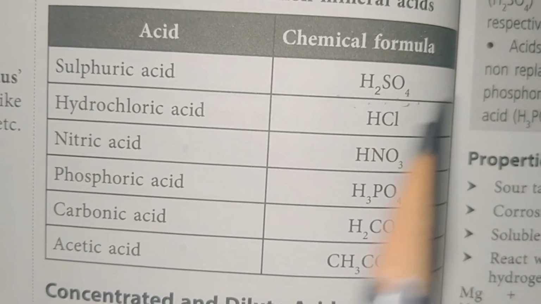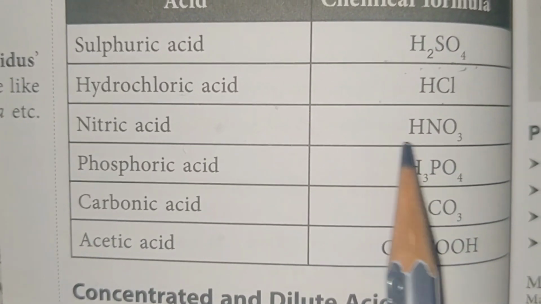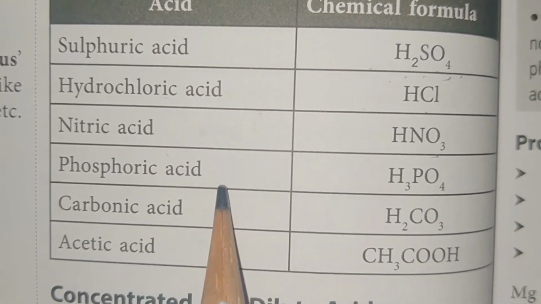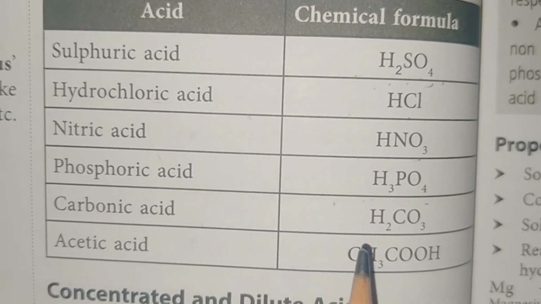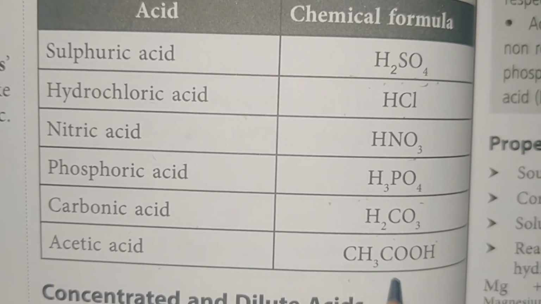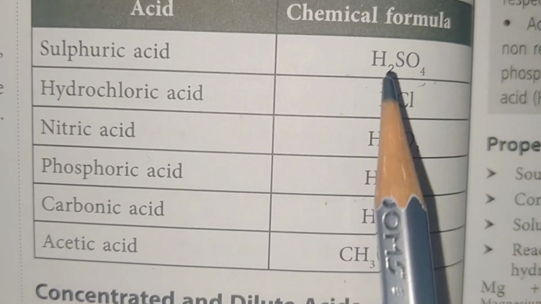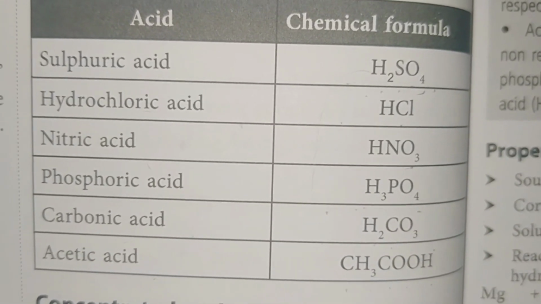What is the formula of hydrochloric acid? HCl. Nitric acid, HNO3. Phosphoric acid, H3PO4. Carbonic acid, H2CO3. Acetic acid, CH3COOH. All these acids are mineral acids.